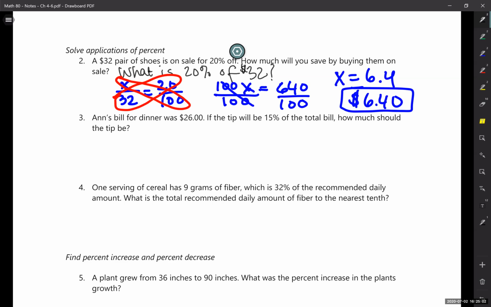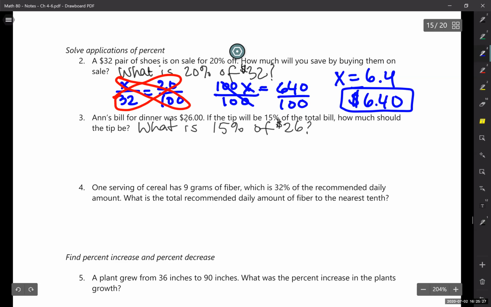So what's the tip? We want to know what is 15% of 26? And this is actually the same setup as before, because we want to know what that tip is, which is the same way you find out what a discount is, which is going to come in handy in the next section. So we want to know what out of 26 is equal to 15%.